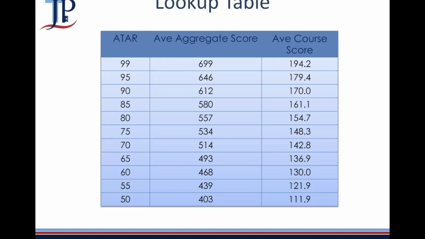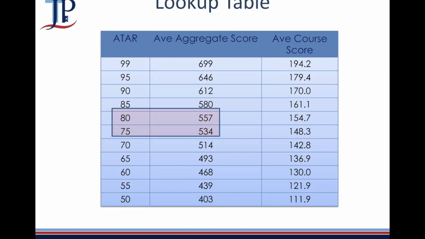So this student, if you remember, got 542, and 542 is somewhere between the two numbers there in the middle, which means this student will get an ATAR somewhere between 75 and 80. Now, obviously the BSSS have all the subdivisions of that, and they're very accurate and precise to 2 decimal places as to what your ATAR is. So that's just a rough guide of how they do it.